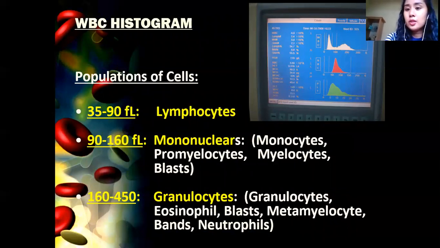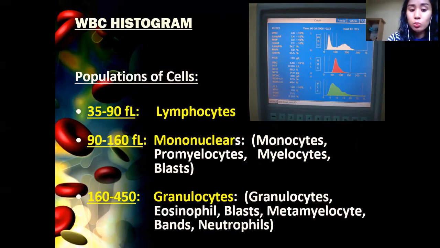In cases of leukemia, expect the patient's histogram to rise in the 90 to 160 mark. For example, if the patient is having chemotherapy, the WBCs will disappear and the graph will go down.